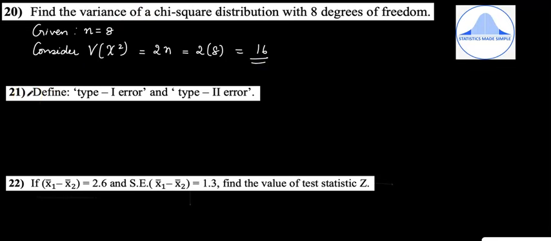Next we move on to the 21st question. So 21st question is define type 1 error and type 2 error. So what is type 1 error?